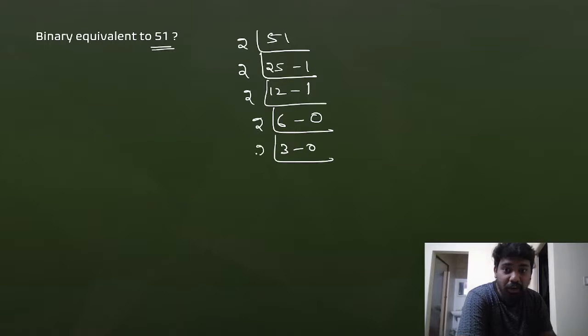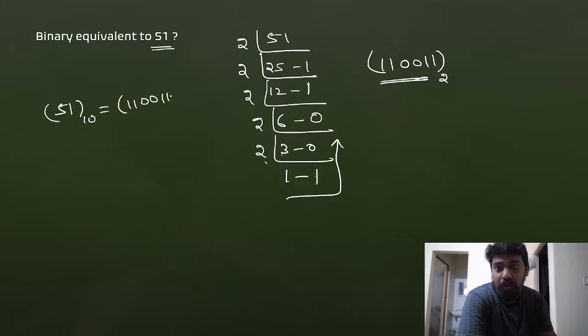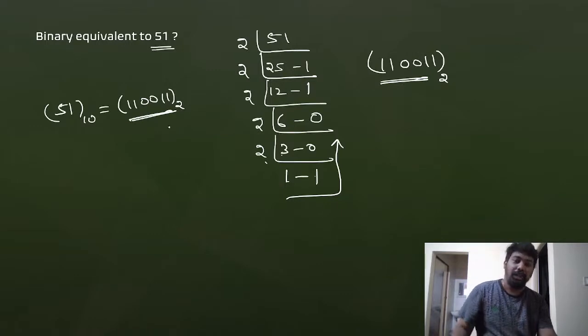Then we divide by 2, we get 1 with a remainder of 1. Reading from the last: 1, 1, 0, 0, 1, 1. This is the binary equivalent. That's it. 51 in decimal is equivalent to 110011 in binary. Done. This is the answer.